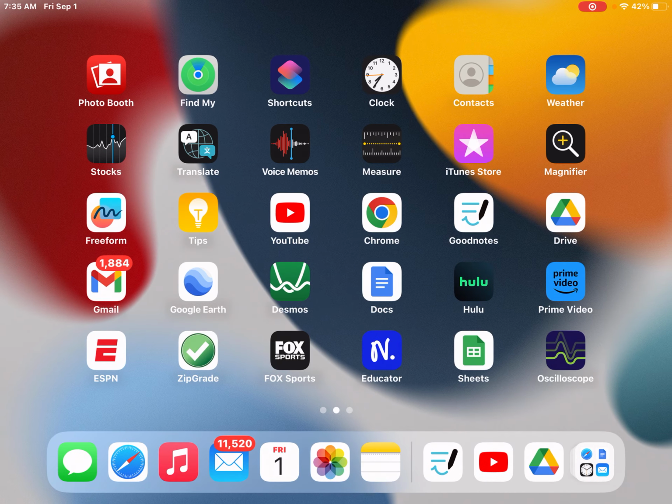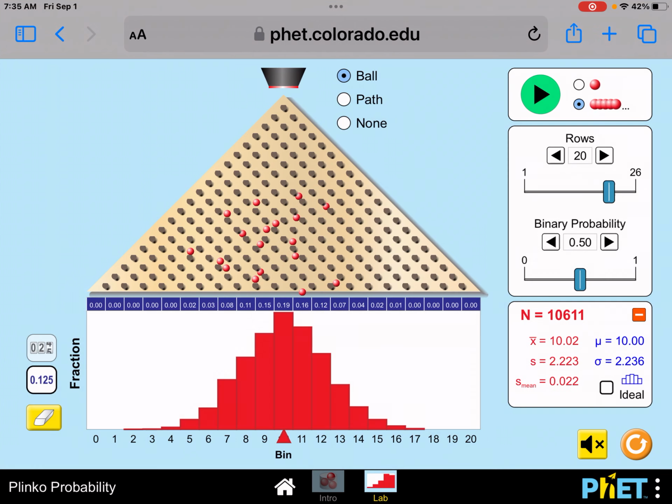Well, I'm going to take you to a little website, an applet that I've been using for years, and it's a Plinko board, as you see, and just like on game shows, the balls randomly drop into the top of the wooden pegboard, and it's just pure chaos as to which bin the ball is going to land.